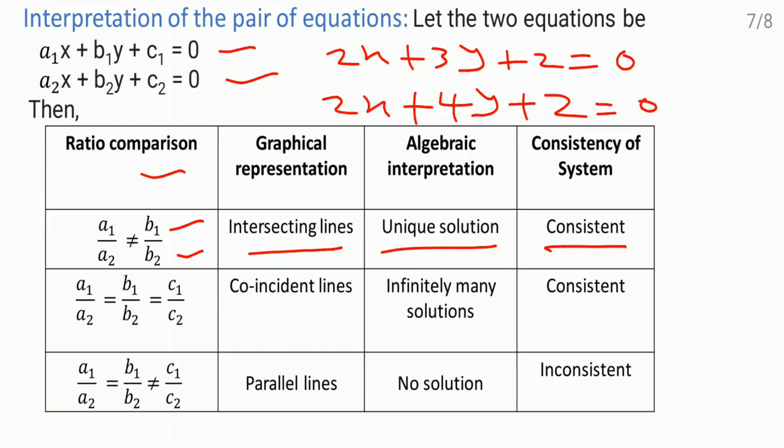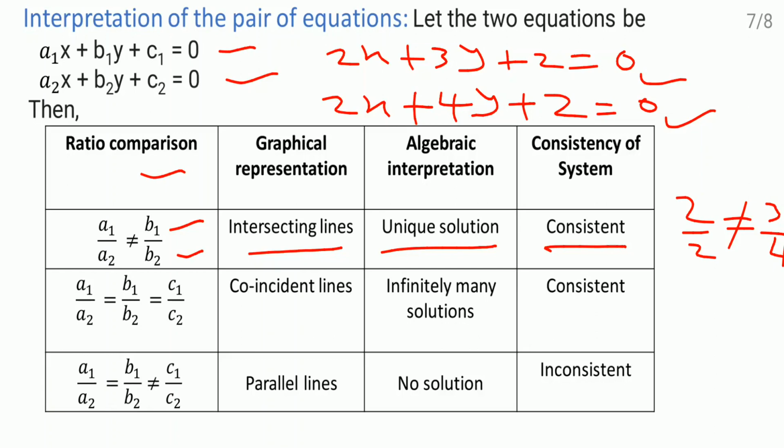See, 2 by 2 and 3 by 4: are they equal? No, they are not equal. It means that definitely these two lines are intersecting lines, just by looking at the coefficients and their ratio.